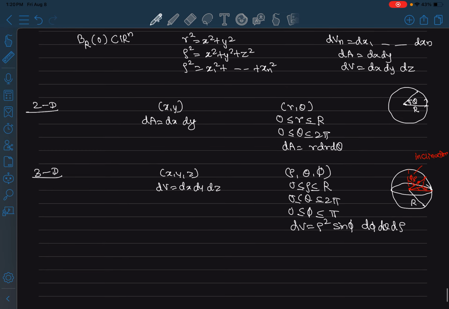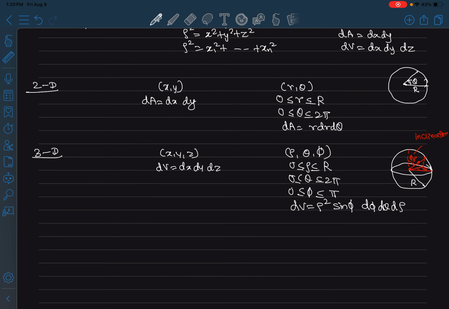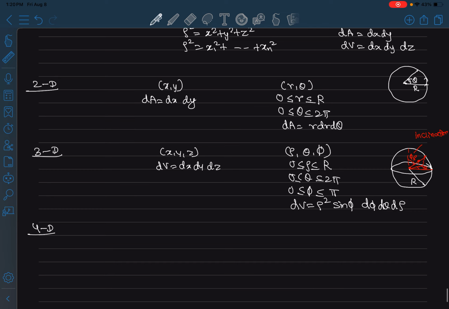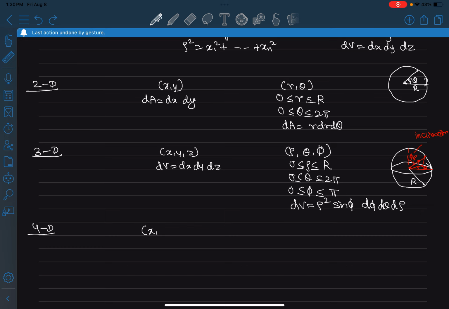So now, how do we characterize the points in the four-dimensional ball using a spherical coordinate system in 4 dimensions? Again, in 4 dimensions we would still have coordinates, so let's write x1, x2, x3, x4.